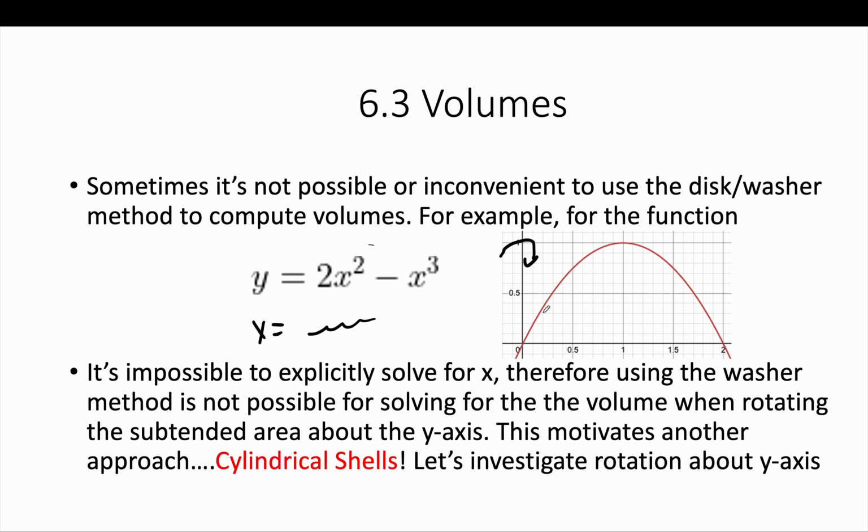Then we'll do this for every rectangle within this domain, 0 to 2, and let n tend towards infinity so we get infinitely many rectangles, and thus would create an exact volumetric solid of revolution. So let's talk about only the case where we're rotating about the y-axis for purposes of this video.